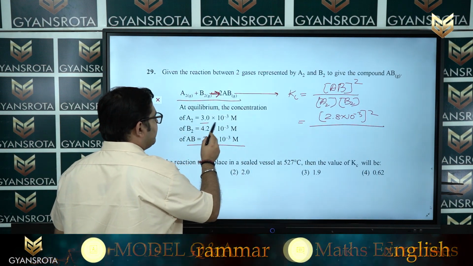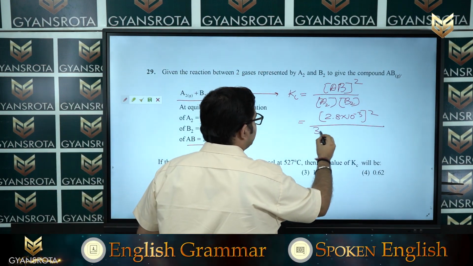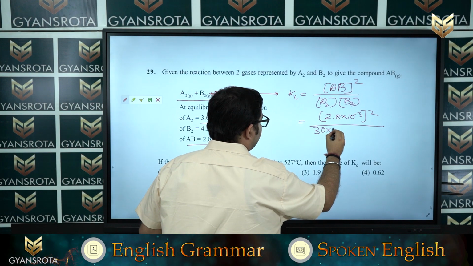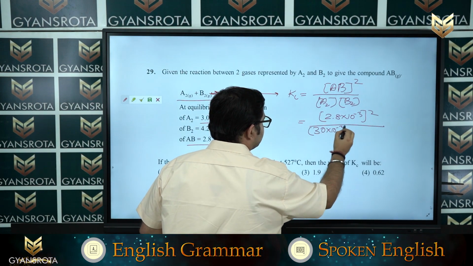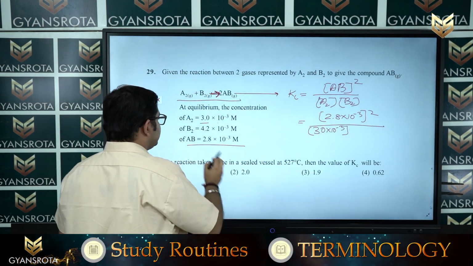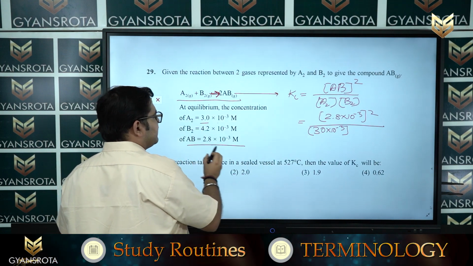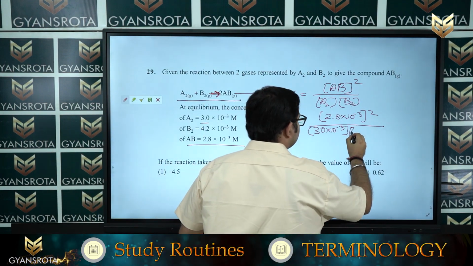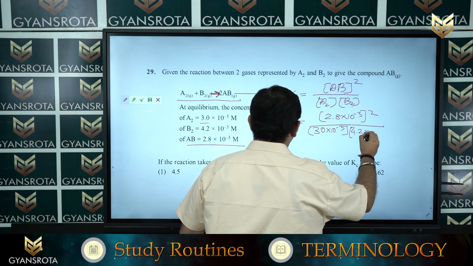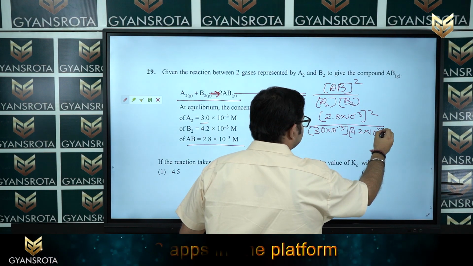The concentration of A2 is given as 3.0 × 10^-3, and the concentration of B2 is given as 4.2 × 10^-3.